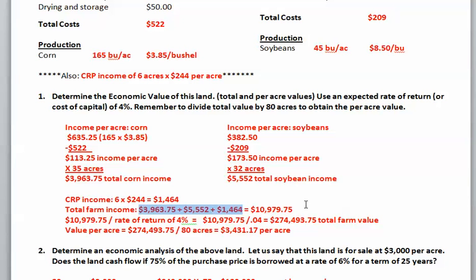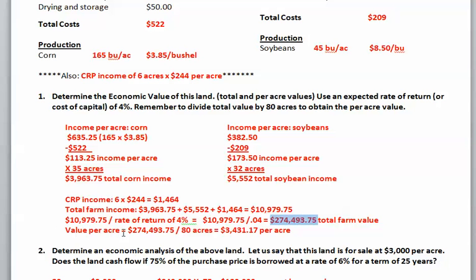So, figure out the total farm value. What you do is take the annual return divided by the rate of return, or the cost of capital. And remember that was 4%. So annual return divided by rate of return, $10,979.75 divided by 4% gives us a total farm value of $274,493.75.